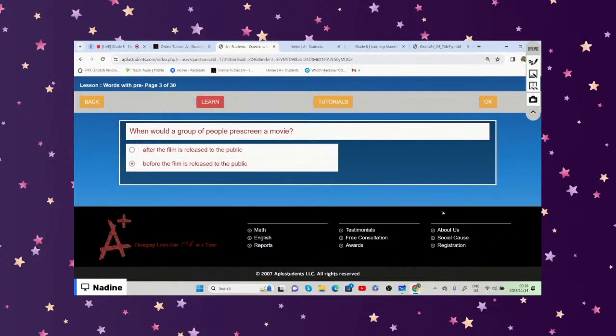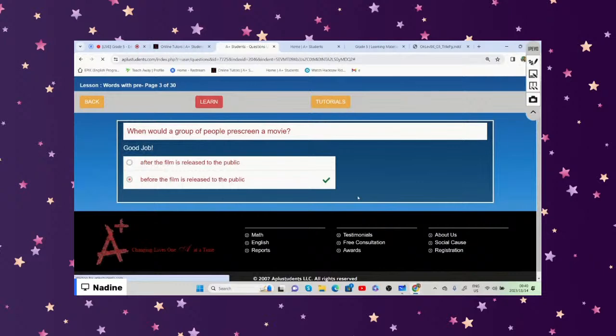So basically, pre-screen is before the film is released to the public. So we will say it is before the film starts.